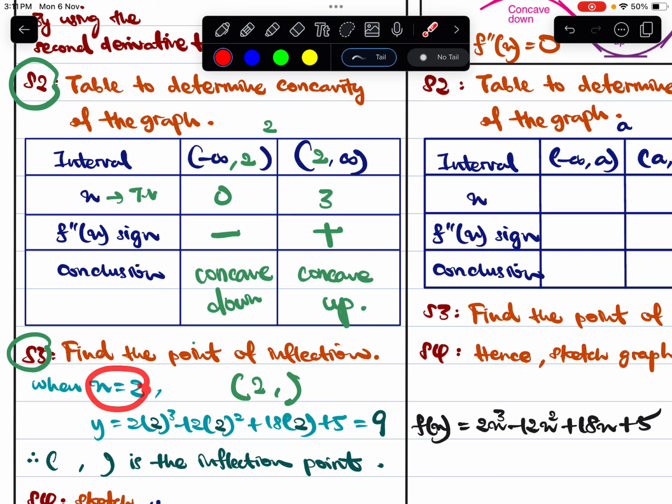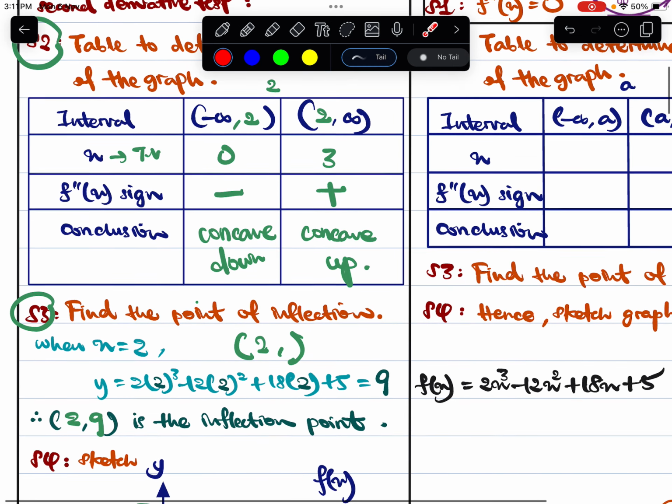You just sub in the value of 2 that you got previously into the function f(x). You sub it in and you will get 9. Therefore, the coordinate is (2, 9). The point of inflection, or IP, is (2, 9). This is a very important value, a point that you must get.